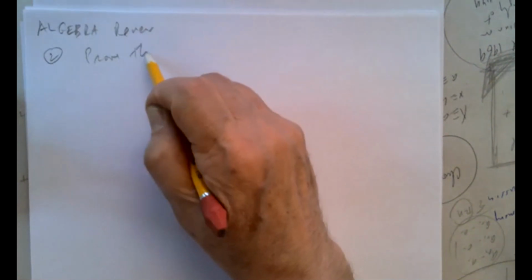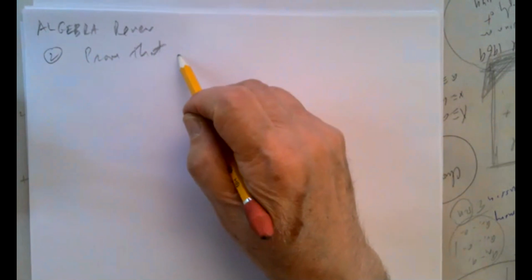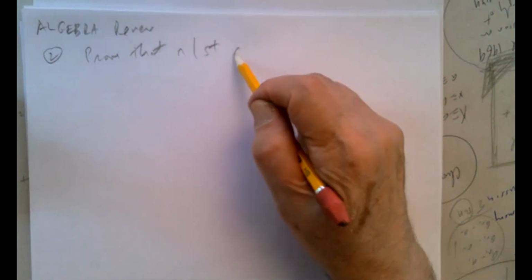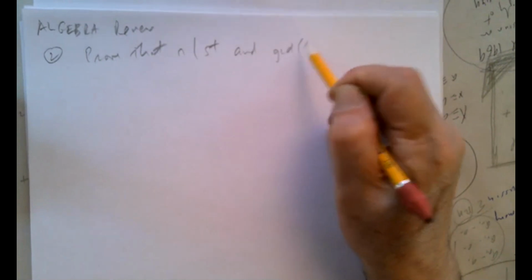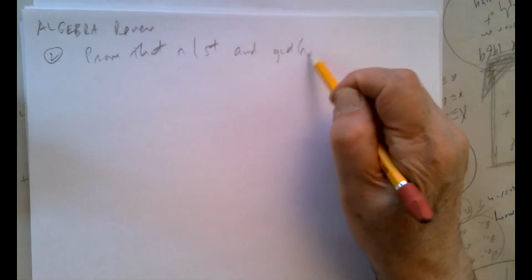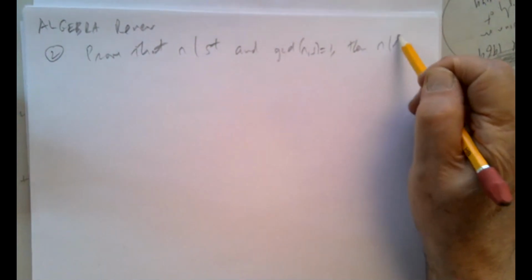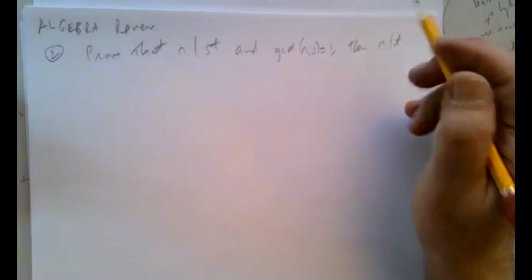we want to prove that if R divides ST and the greatest common divisor of R and S is 1, then R divides T. This line is just shorthand for divides.